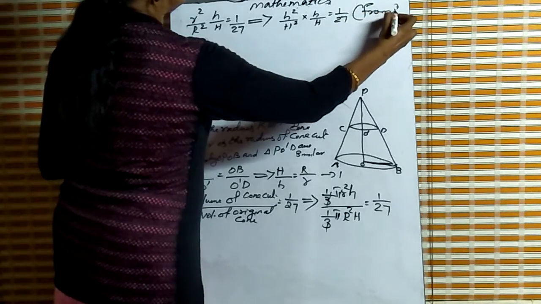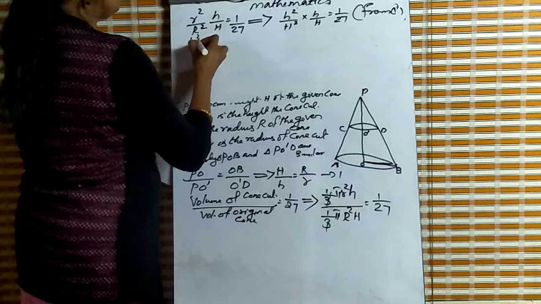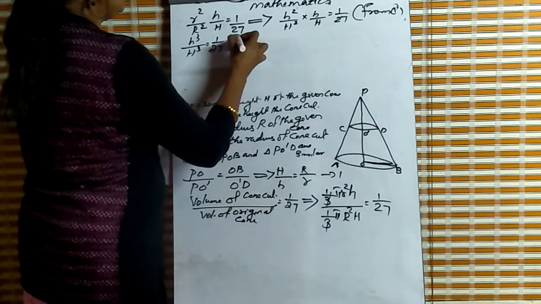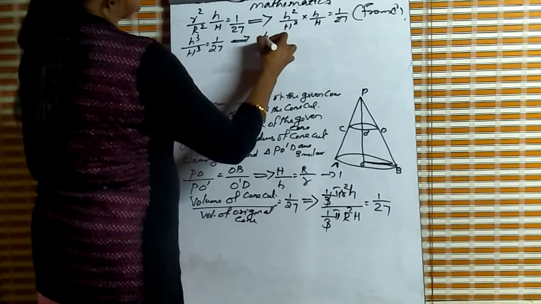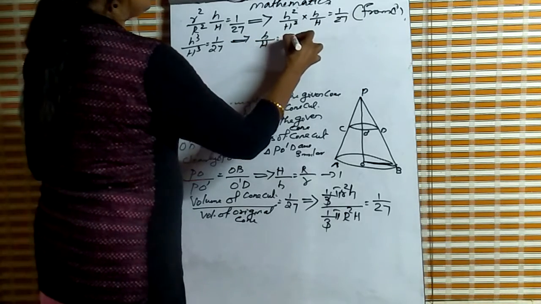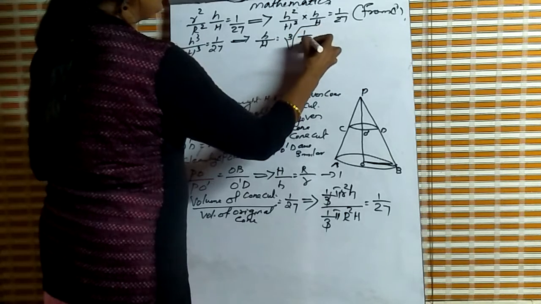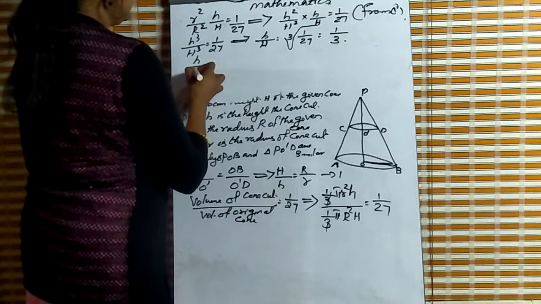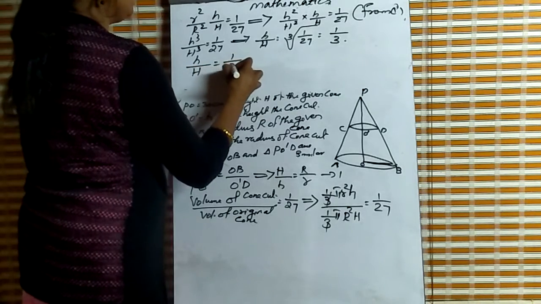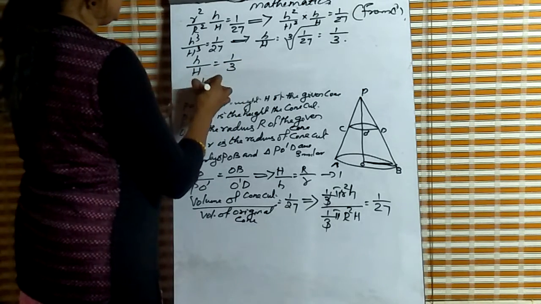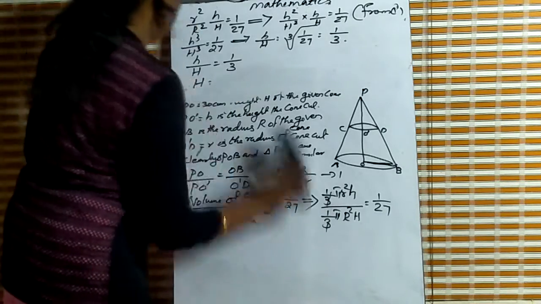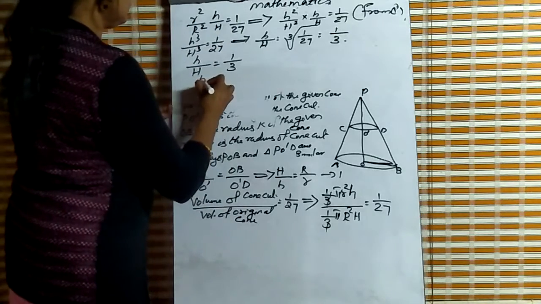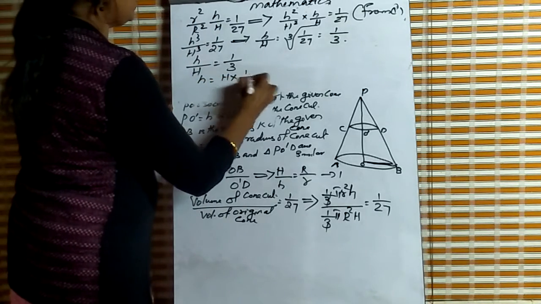Therefore, h cube by capital H cube is equal to 1 by 27, implies h by H is equal to cube root of 1 by 27, which is 1 by 3. Therefore, small h is equal to H into 1 by 3.